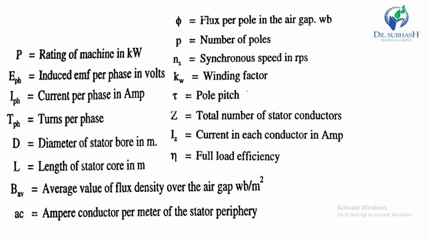Ns, which is synchronous speed in RPM. Kw, which is winding factor. Z, total number of stator conductors, Iz, current in each conductor in ampere, and eta, which is equal to full load efficiency.